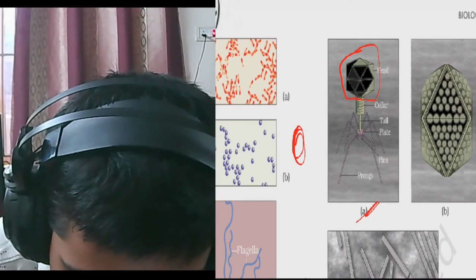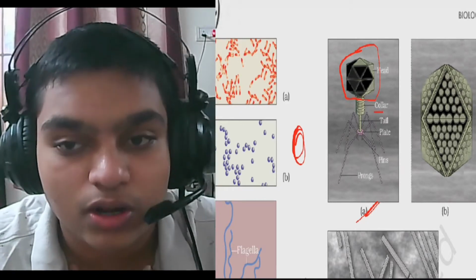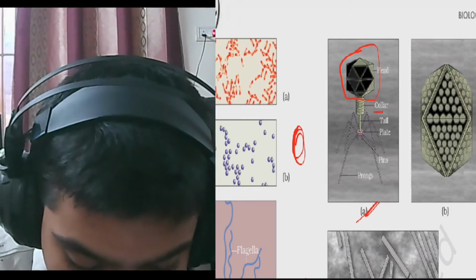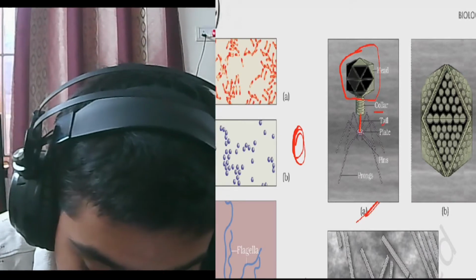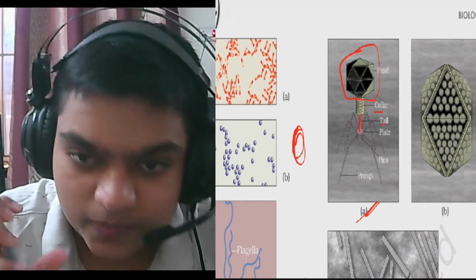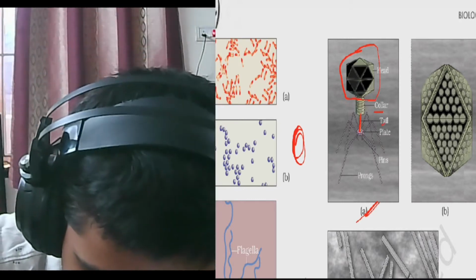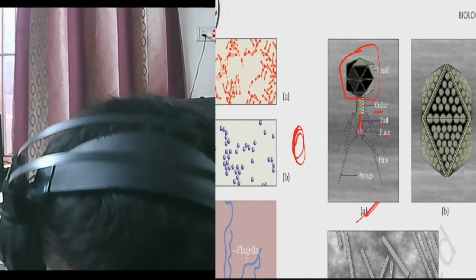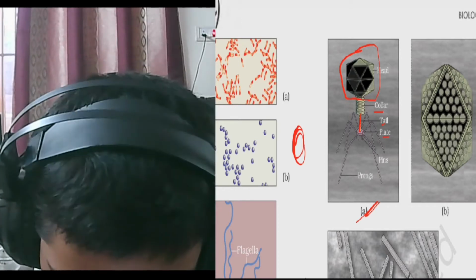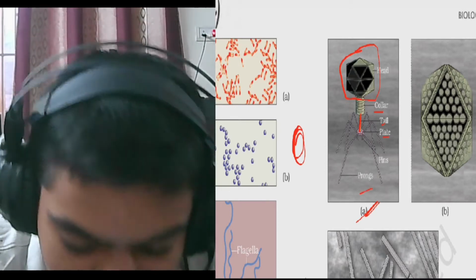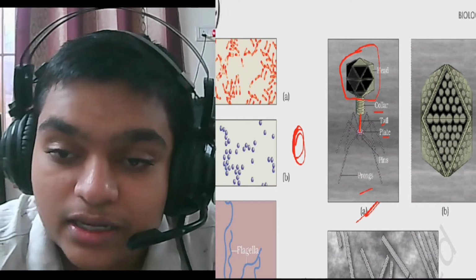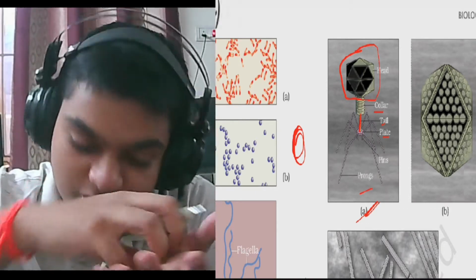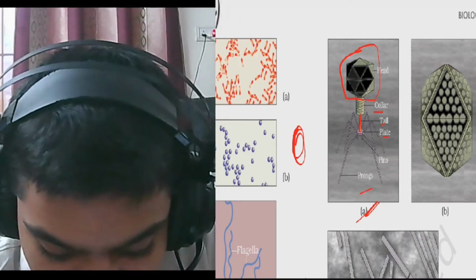Below that one is the collar part. Below the collar part is the tail part, and this whole structure is present on a plate, and this plate gives rise to legs called prongs. It also has pins in order to attach onto the substratum or the surface. So these are your pins.